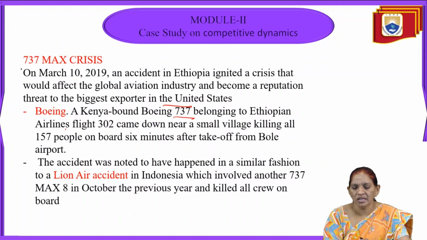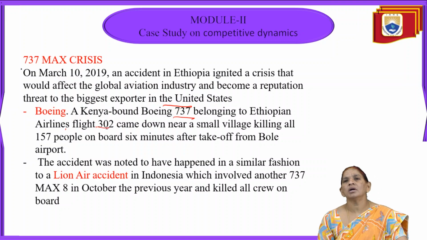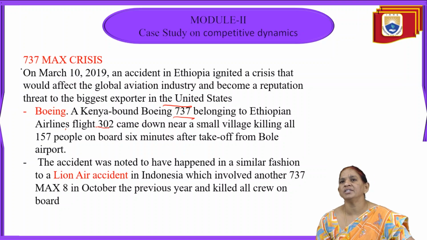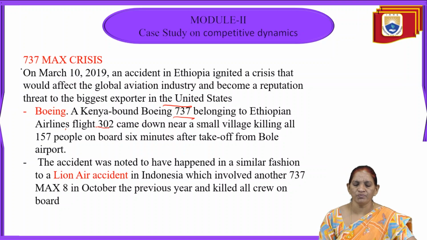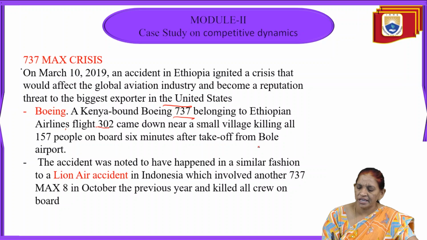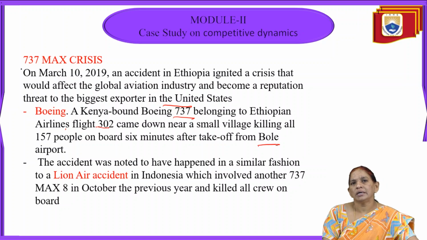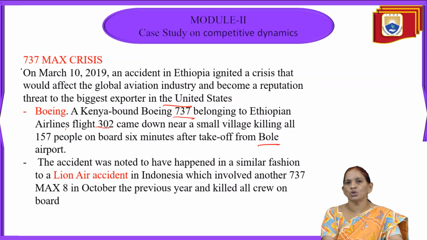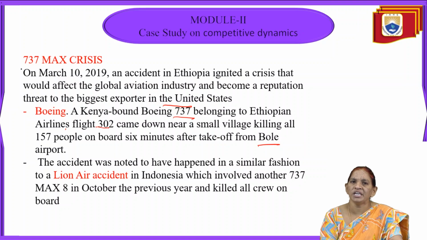Ethiopian Airlines flight number 302 came down near a small village, killing all 157 people aboard, six minutes after takeoff from Bole airport. So, after takeoff, it crashed in a small village. These incidents happened.